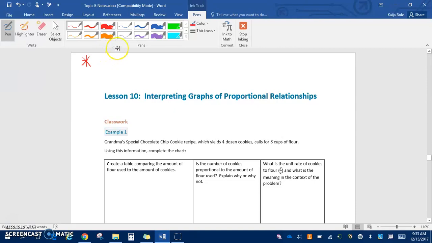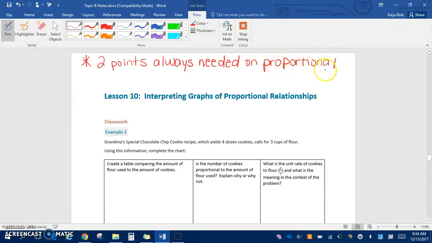So there's 2 points you always need on a proportional graph. So put 2 points always needed on proportional graph.